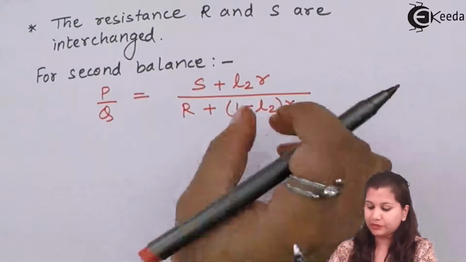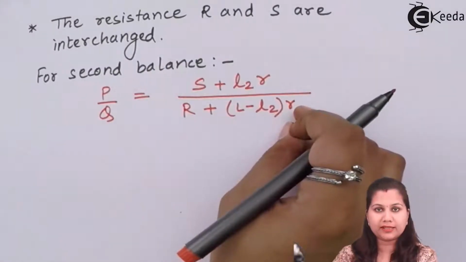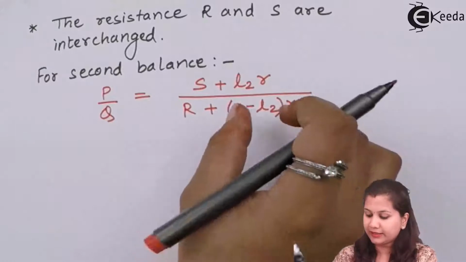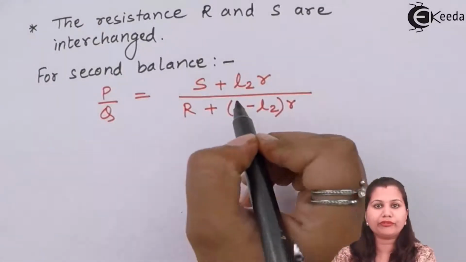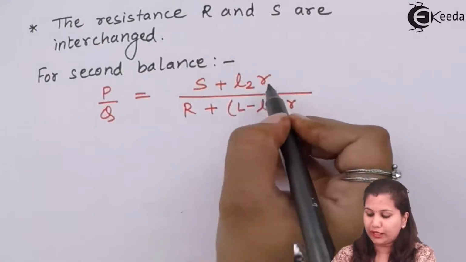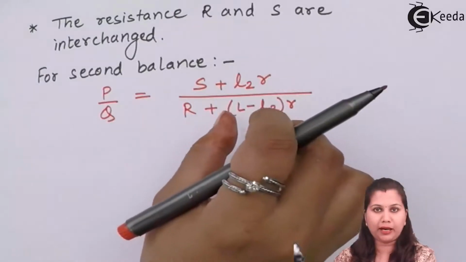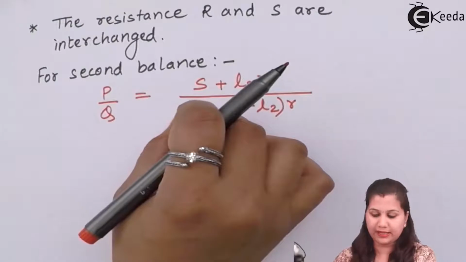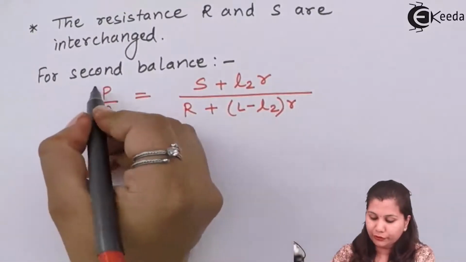This much part is multiplied with the resistance per unit length, so length and length will cancel, and this term will have the unit of a resistance only. That will be the resistance of that additional part, and it will be added in the respective resistances. So we have got two equations.